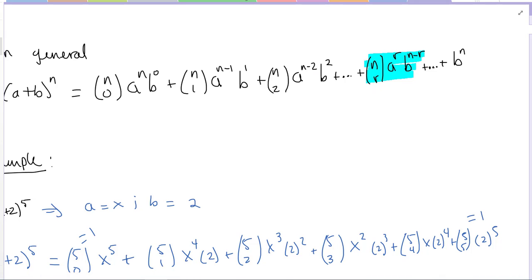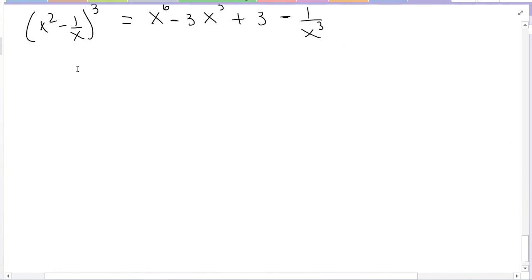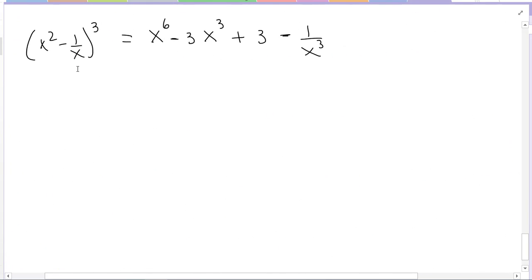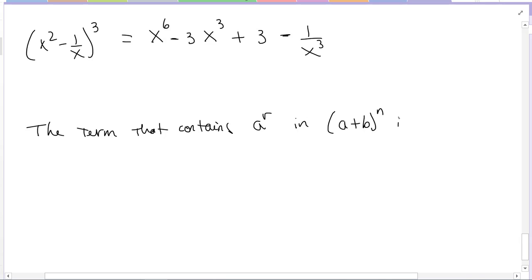So we're going to go back and say a particular term. So we're going to say the term that contains a to the r in the expansion is that term that we just saw.